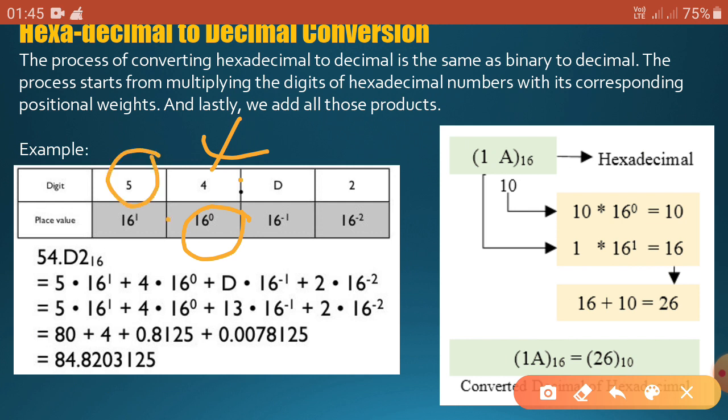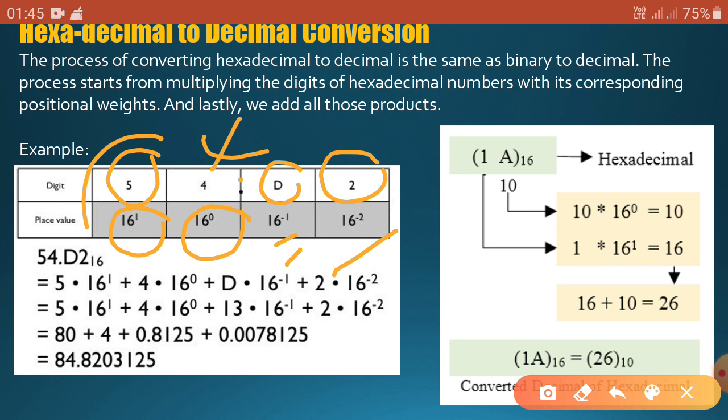For 5 it will be 16 to the power 1. But for D, because it is after the decimal point, the positional weight will be 16 to the power minus 1, that is 16 inverse, and for 2 it will be 16 to the power minus 2, because it is incremented by 1, and so on.